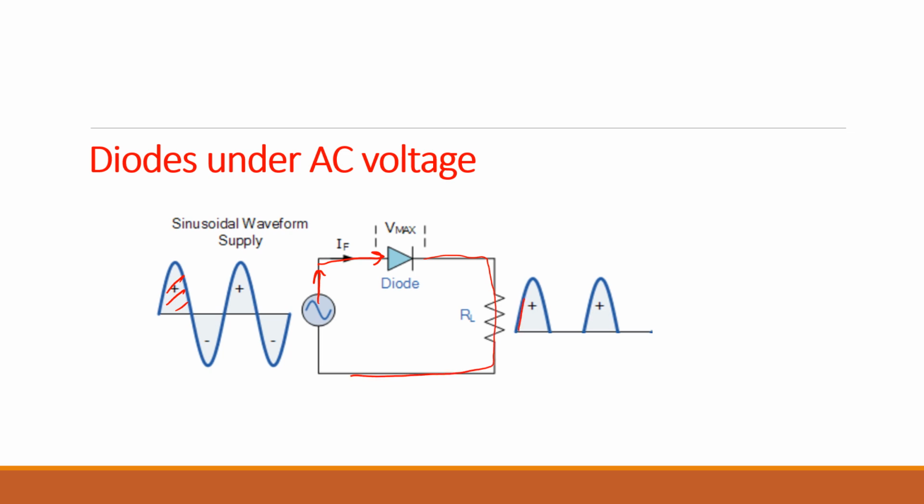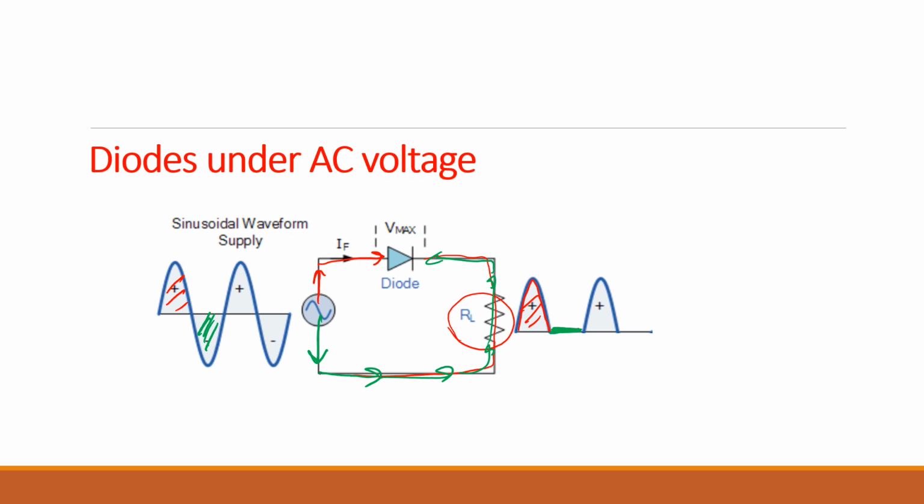So your current is going like this, so there is a voltage across the resistor. Am I right? Voltage is the current times the resistance. So there is a voltage across the resistor because there is a current flowing. Now when this half happens, what is happening? Current should go this way, isn't it? Can the current flow this way or not? No. Then there is no current flowing, there is no voltage. So when this half happens, voltage is 0 across the resistor.